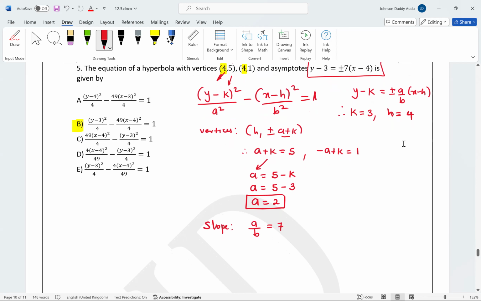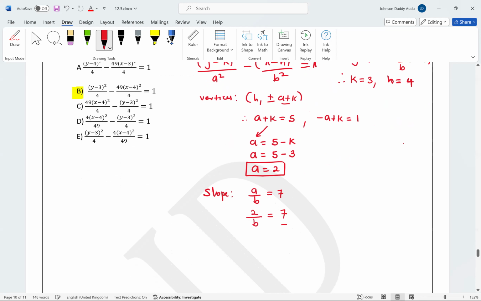So I know that a is equal to 2. So you have 2 over b equals 7. And what does that mean? It means that 7b equals 2. So b is 2 over 7.